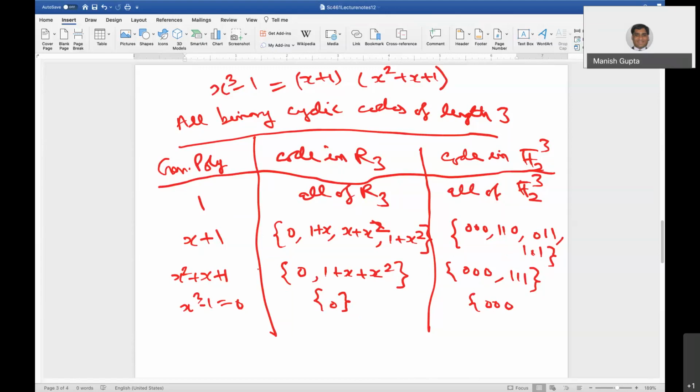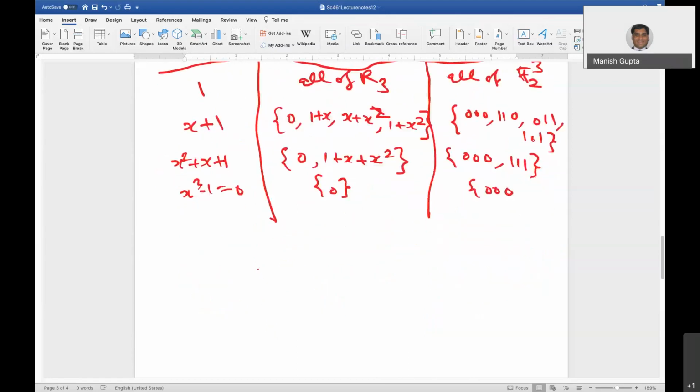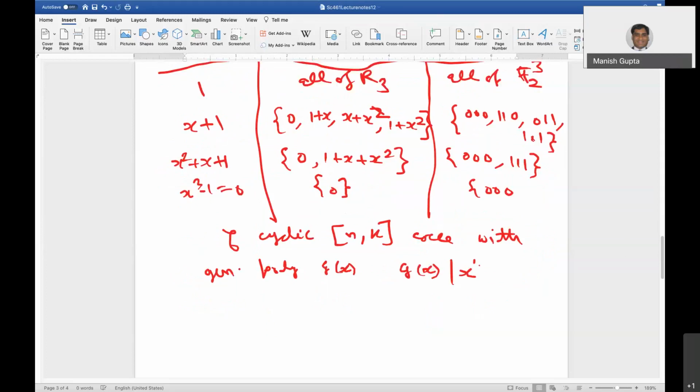So basically, let me list. Suppose C is a cyclic (n, k, d) code with generator polynomial g(x), and we know that g(x) divides x raised to power n minus 1. So x raised to power n minus 1 can be written as g(x) into some other polynomial h(x), right?